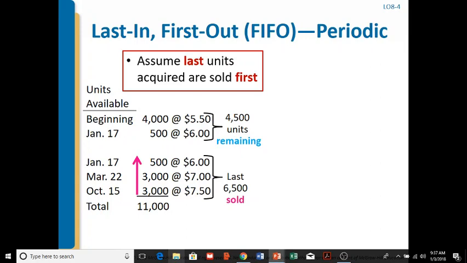We still have 3,500 left, so we're going to go to the next layer up, March 22nd. Well, after using up that layer, we still have 500 units left. We're going to go to the January 17 layer, and remember we had 1,000 units bought in that layer, but since we sold only 6,500, we're only going to take 500 from that layer, leaving 500 left in ending inventory.